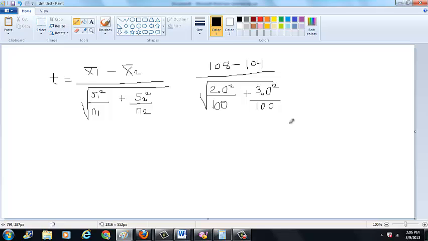Now we should do the bottom part first. 2 squared is 4, and that's over 100. 3 squared is 9, and that's over 100. And that comes out to 13 over 100. The square root of 13 over 100.